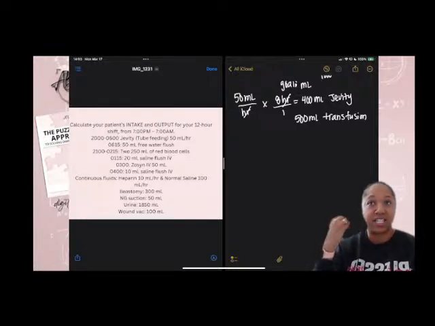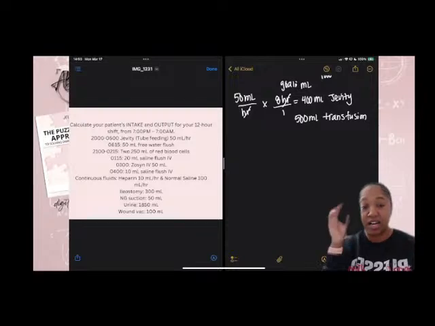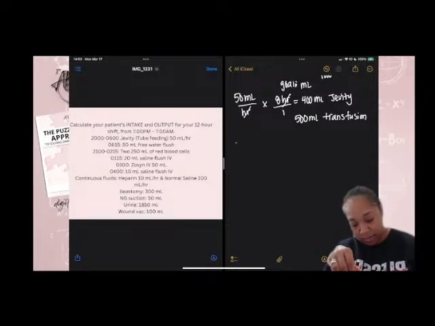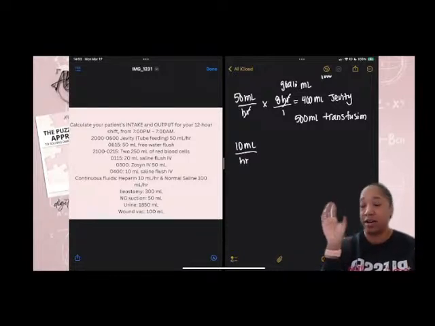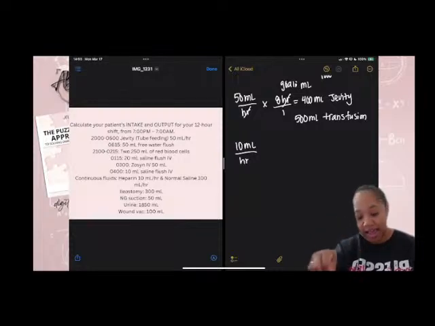So when it says continuous fluids, it's just going continuously, nonstop. So from 7P to 7A, we know that they got heparin and they got normal saline. That's kind of like the first one that we did with the Jevity, okay? So if we did heparin, it's going at 10 milliliters per hour from 7P to 7A, that's 12 hours, okay?